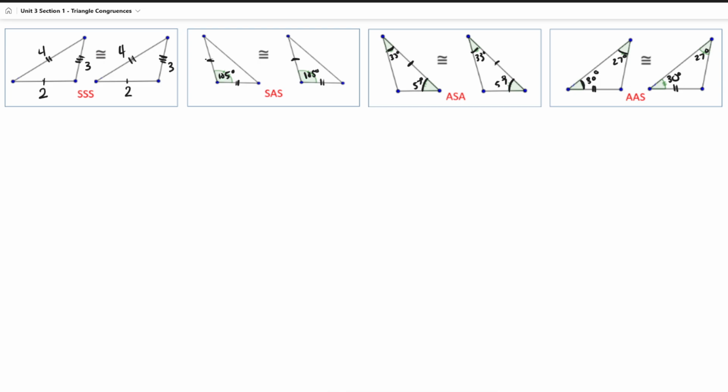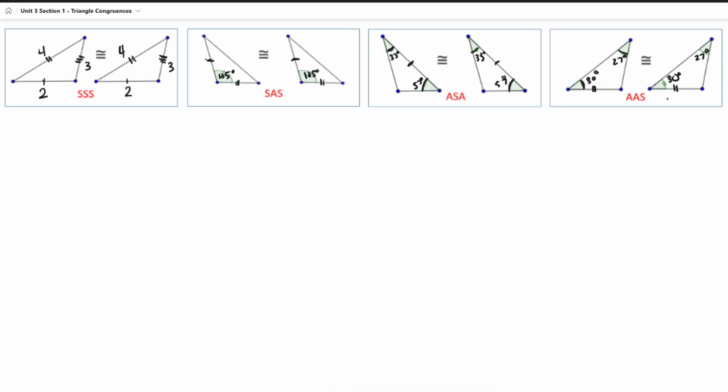Now, you're probably wondering, why does angle, angle, side even work? Angle, angle, side works because when two angles are known, the third angle is automatically determined, right? In a triangle, the angles need to add up to 180 degrees.